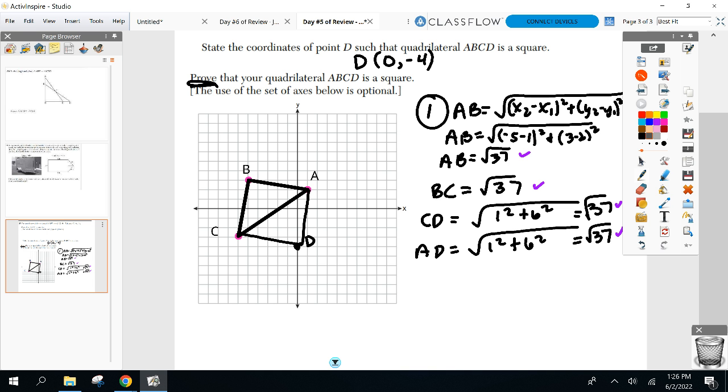And keep in mind, all this is being done in pen during the day of the Regents. Unless you want to do it in pencil, then go over it in pen at the end.